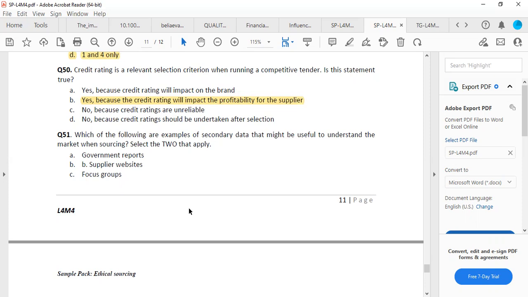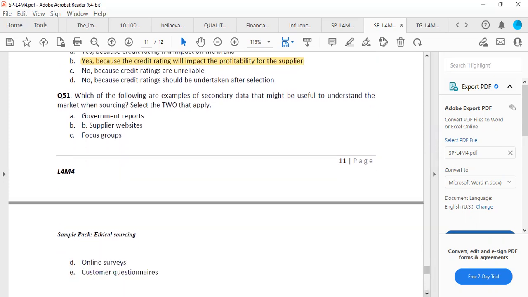And our last question. Which of the following are examples of secondary data that might be useful to understand the market when sourcing? Select the two that apply.